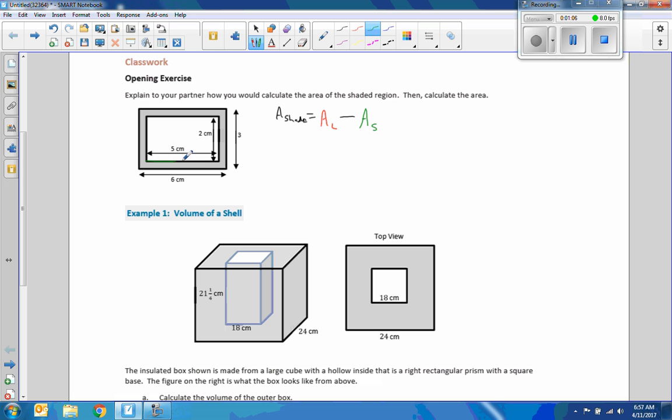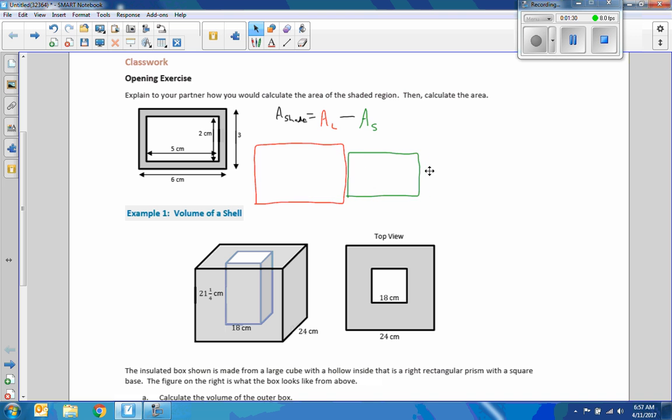So the small rectangle is here, and the large rectangle is the outside dimension. So it's like a picture frame. Okay, so there are the two regions, and if we take the larger and subtract the smaller, we will get the area, and that's our goal here.